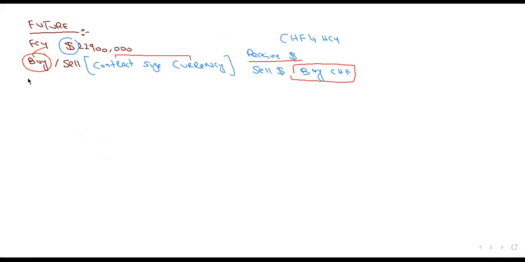Now, the next step is we have already decided which future we will select. September. What was the September future price, guys? 0.23. And what was the currency denomination? Dollar over CHF.